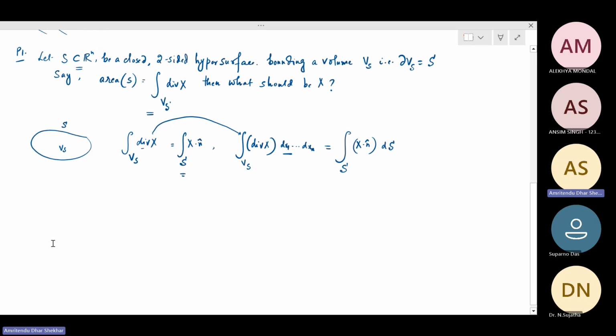The area of the surface is just defined as the integration of dS over S. So for this to be actually equal to the area of the surface S, what we need is that X dot n cap is equal to 1. Therefore, this is now the question: what I need is that X is a vector field.